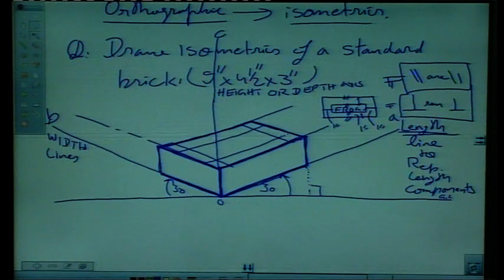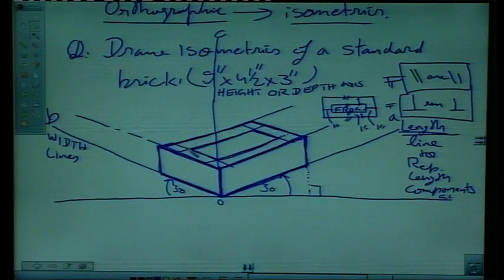So this will give us the top lines of the frog. We can darken these lines because these are also visible edges of the brick.